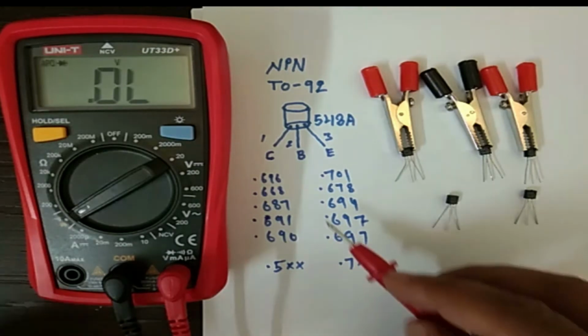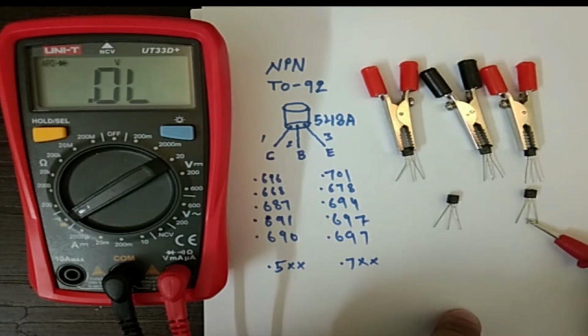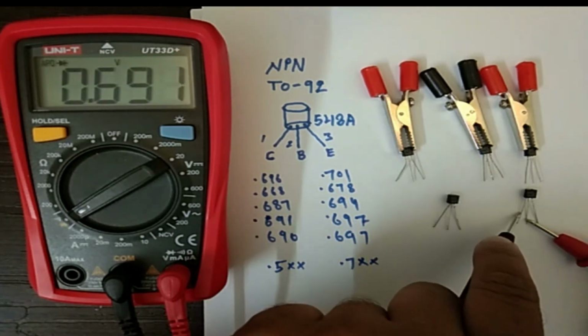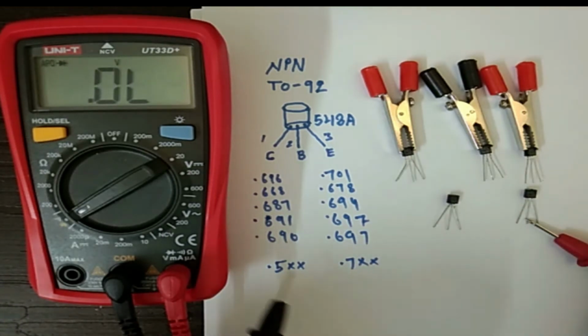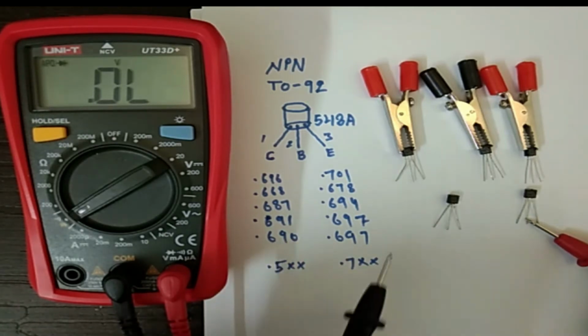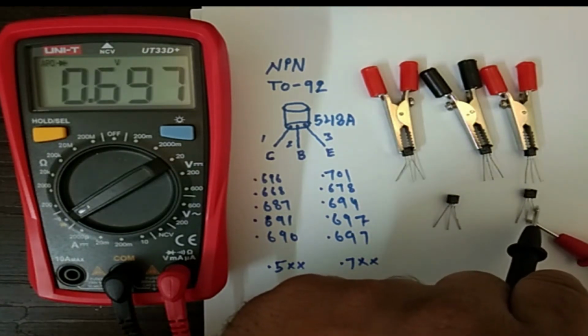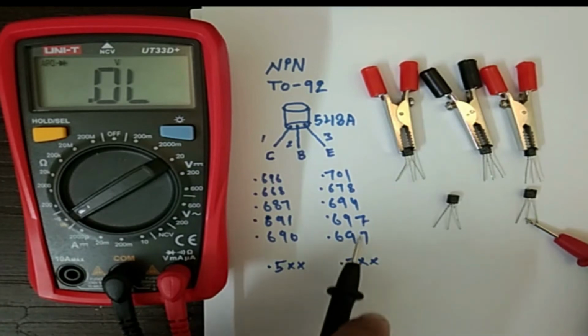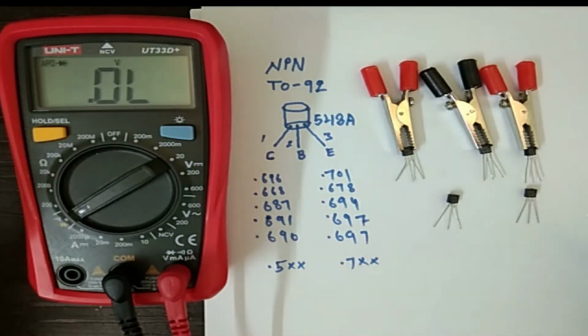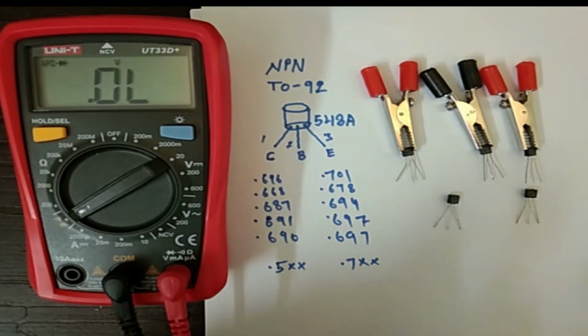I took these readings just 5 minutes ago. Now it is showing 0.001 more. It is showing 0.689, 0.690, no problem, only 0.001 difference. 0.697, it is showing good. Okay, so these transistors are okay.